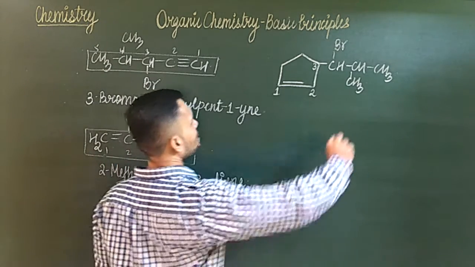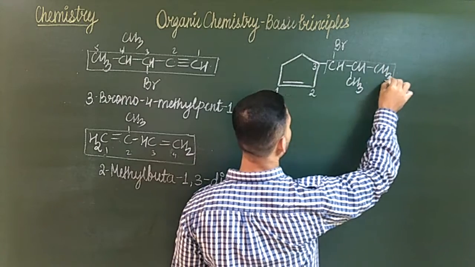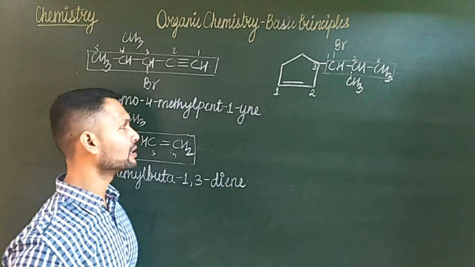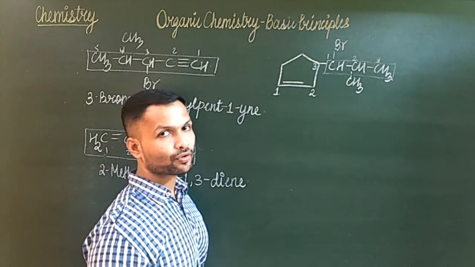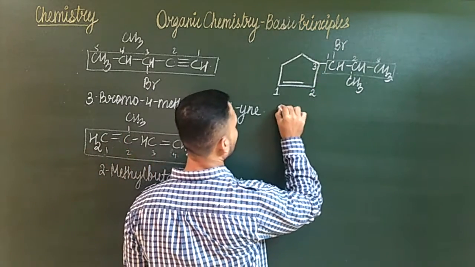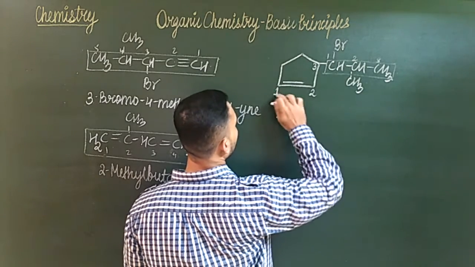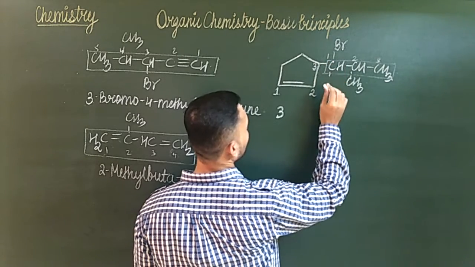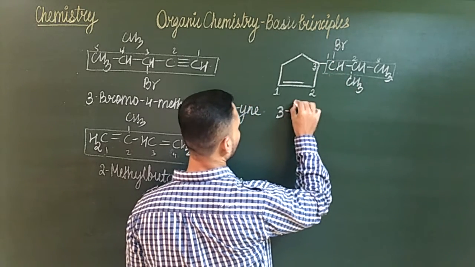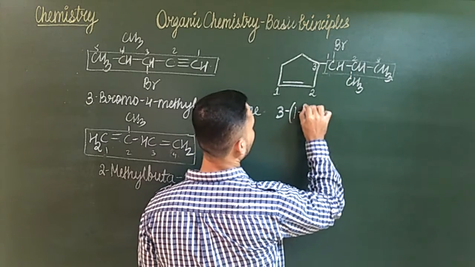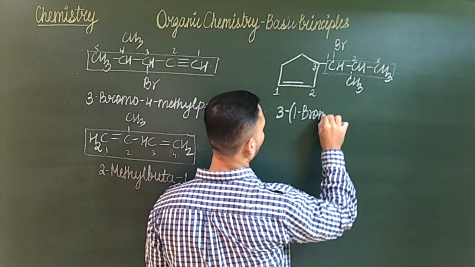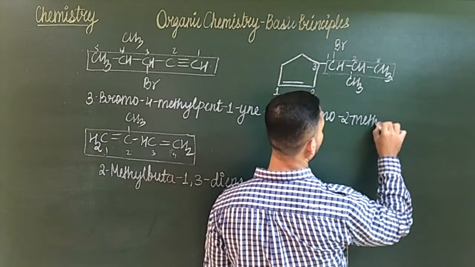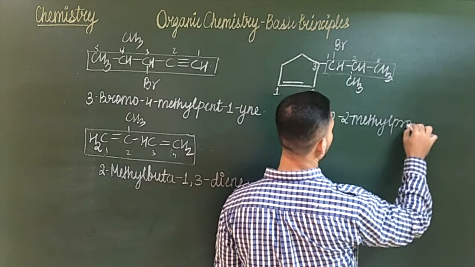So our parent chain is the ring and that is the substituent. Now in the substituent, this is the longest chain, so this is 1, this is 2 and this is 3, with these two branches attached. So first comes the naming of the substituent, which is this. The locant of the root chain or the parent chain is 3, to which this is the first carbon attached. So 3, bracket, then in alphabetical order 1-bromo, then 2-methyl and propyl, 2-methylpropyl.